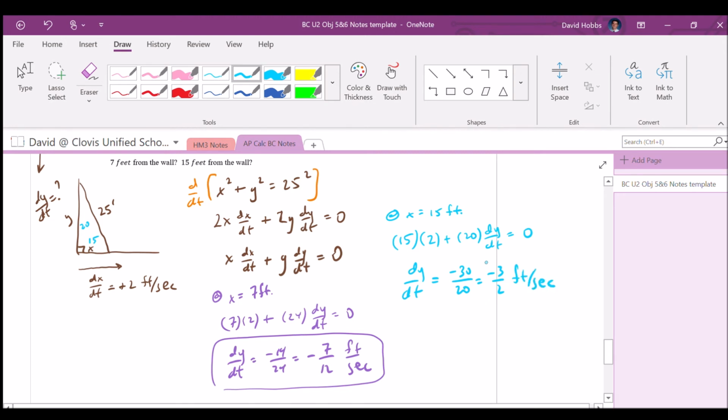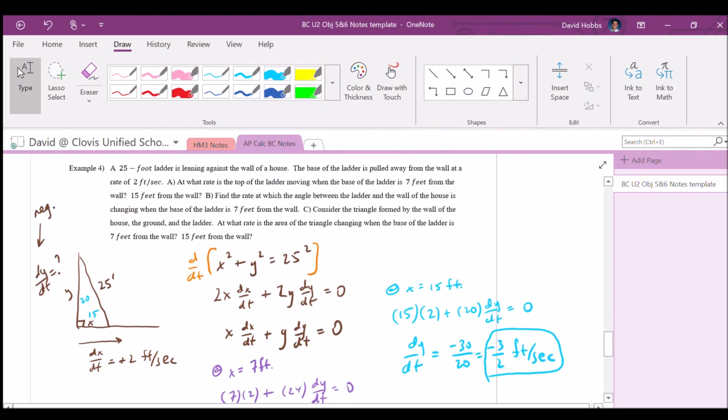It's not moving at the same rate when x is 15. In fact, the top of the ladder is coming down faster. If they were asking for faster, you would just use the positive values, but it said the rate, and y is getting shorter, so it's negative. As the base of the ladder comes further away from the wall, the top of the ladder is coming down faster.